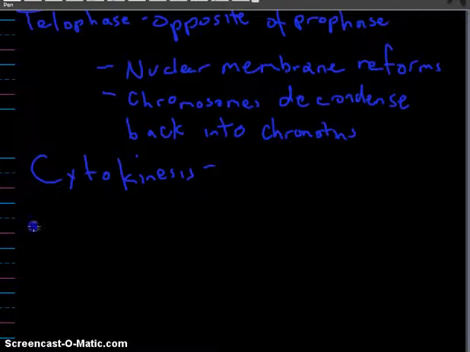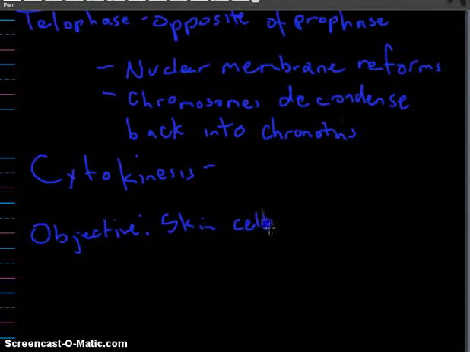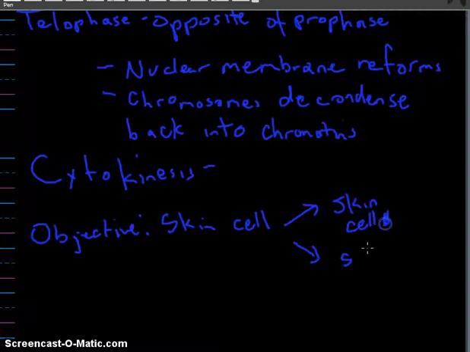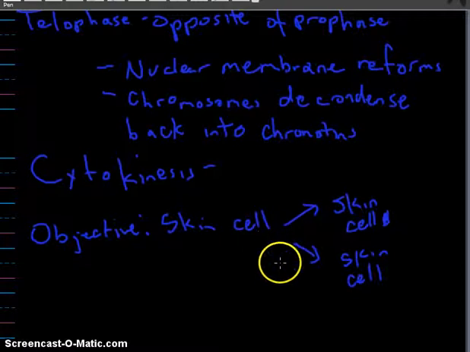So the whole objective here was that we had a skin cell and we made two skin cells. And this whole process occurred via the cell cycle.